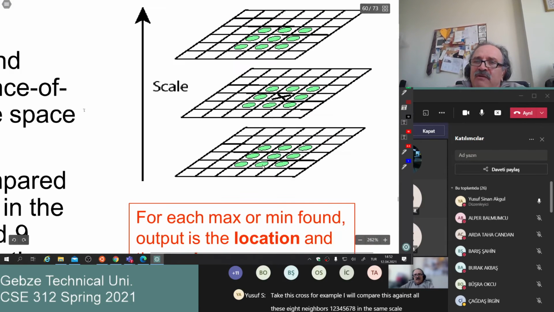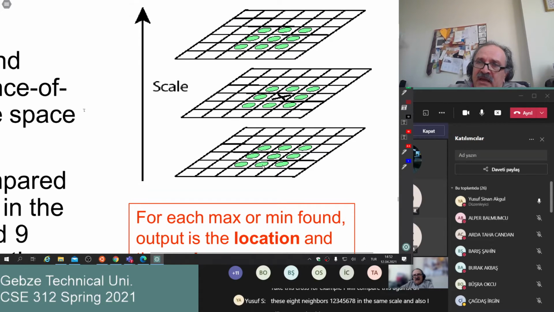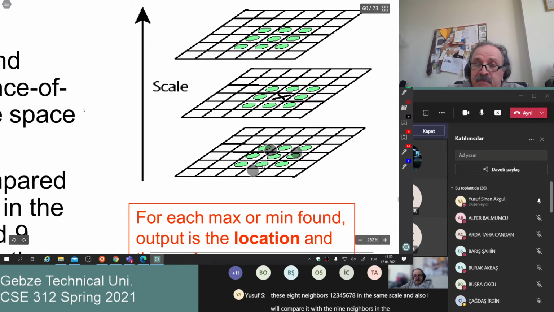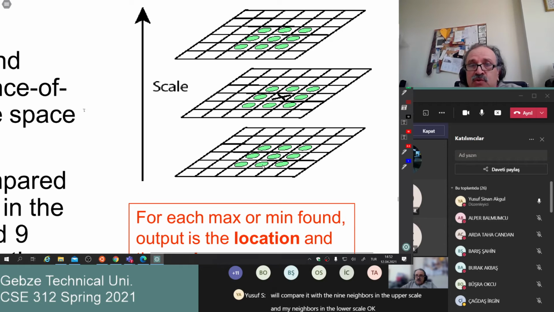And also I will compare it with the 9 neighbors in the upper scale and 9 neighbors in the lower scale. So a total of 26 neighbors in the x, y, and sigma scale.